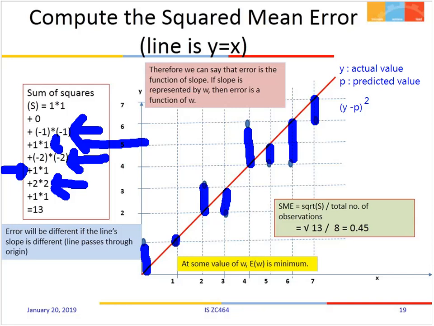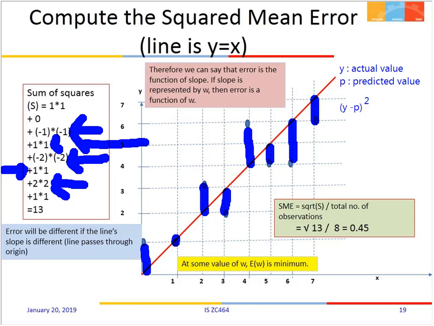Yeah, Vivek, you have a question. MSE is the average deviation between the observed and the estimated values. Yes, you call it the average deviation. Standard deviation is computed from the mean, but here it is a deviation from the predicted value.